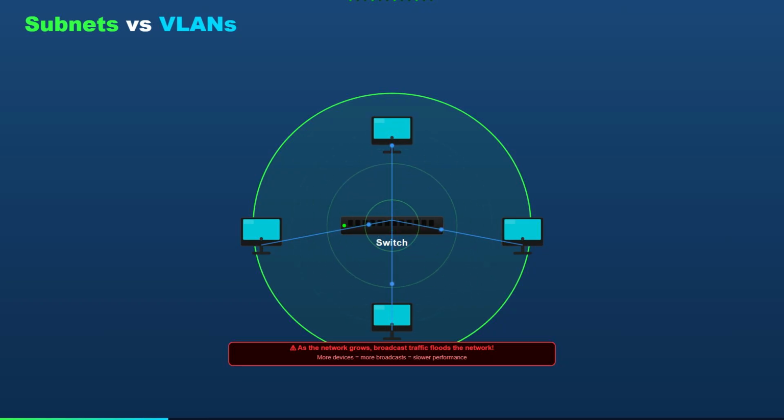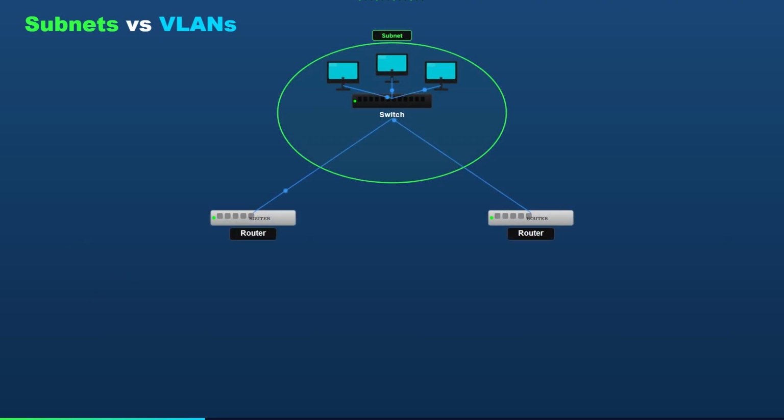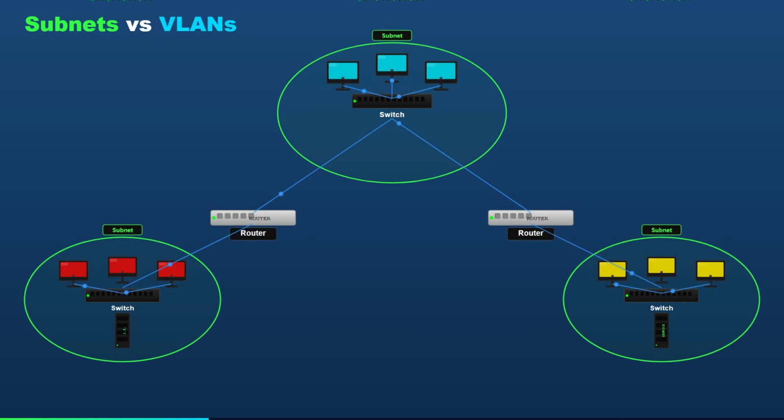Now this would not be a problem on a small network with only a few computers. But if this business got larger and more computers were added, the amount of broadcast traffic would increase and flood the network with data, potentially causing a slowdown. Subnetting. One way to prevent this is by creating subnetworks, or subnets, which is known as subnetting.